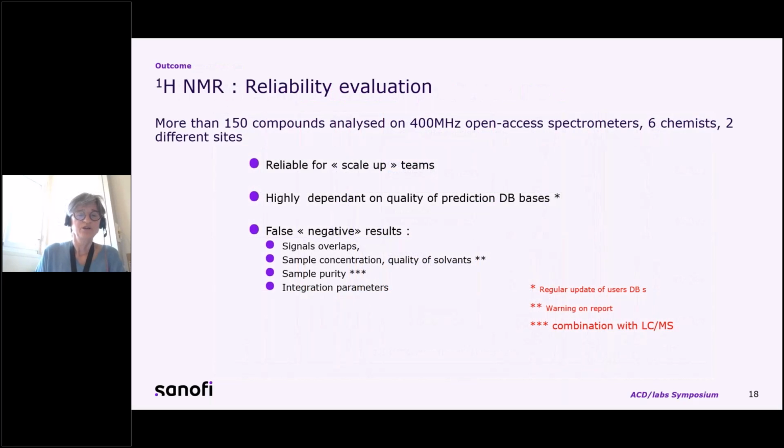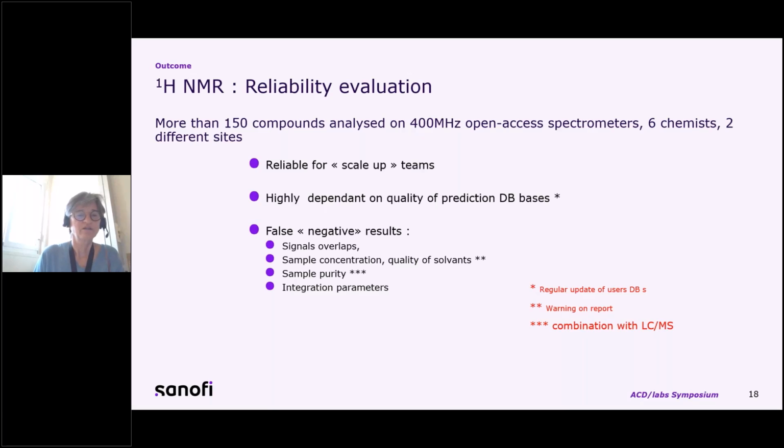So regarding the reliability of the results, we made a small evaluation on 150 compounds analyzed on 2 open access spectrometers, 400 megahertz ones, with 6 chemists in open access mode in 2 different sites.